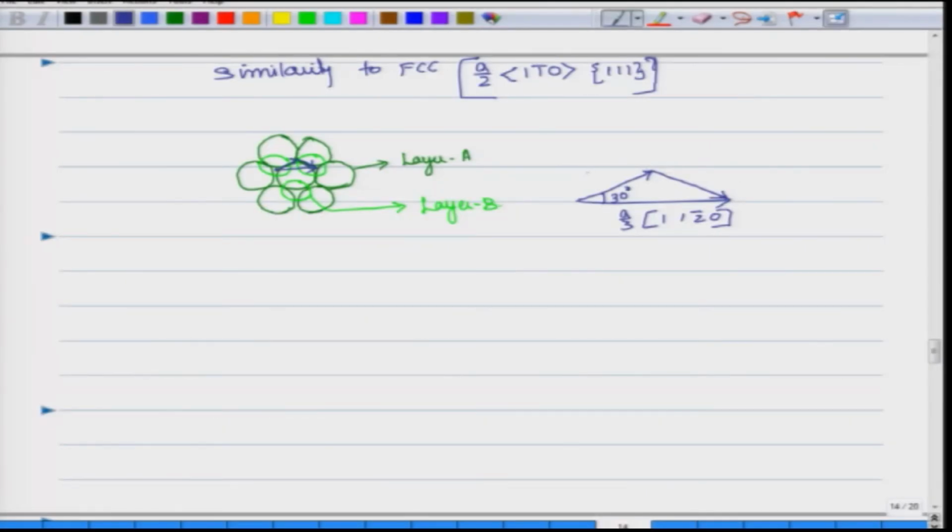So, this will be your a by 3. These are your BP 2 and BP 1, and if they were moving apart, then this is how it would look.